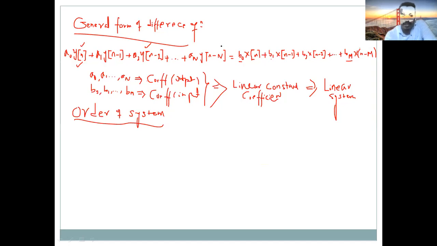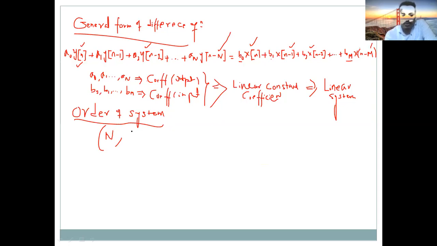So this n on the output side, and on the input side, you see here, this is the present input, but the output depends not only on the present input x of n, it depends on x of n minus 1, the past input. It also depends on x of n minus 2, the past input before 2 time periods, up to m here.